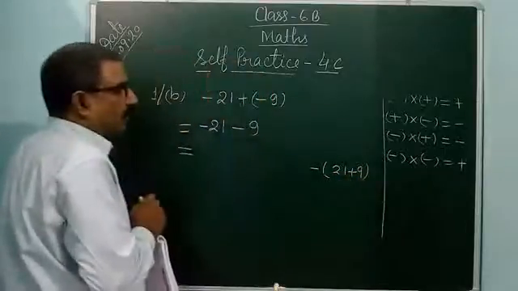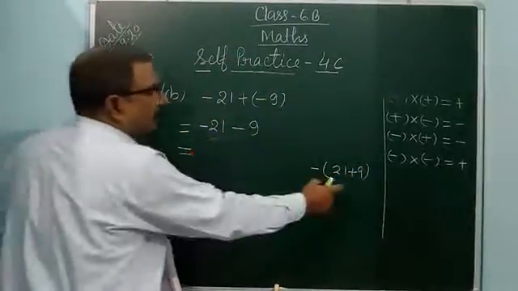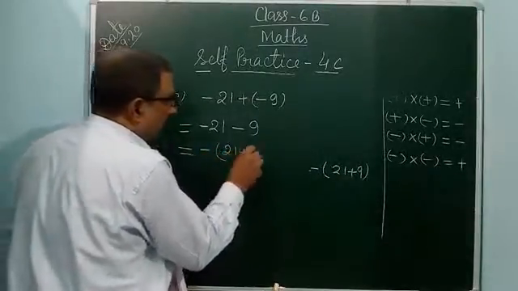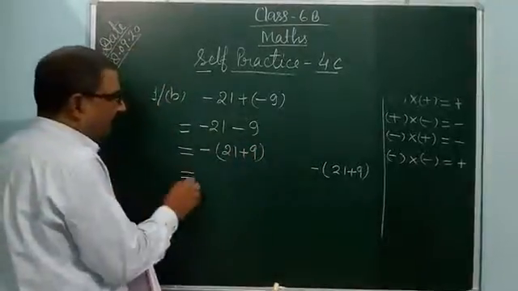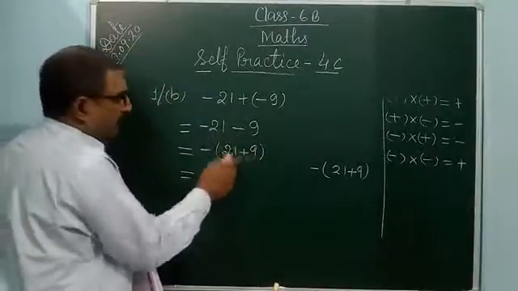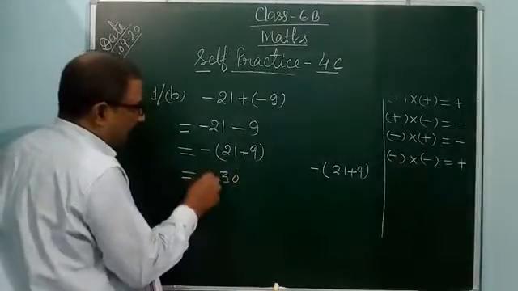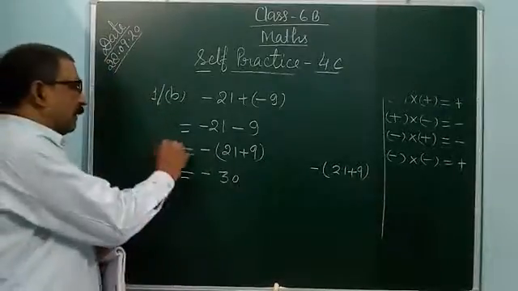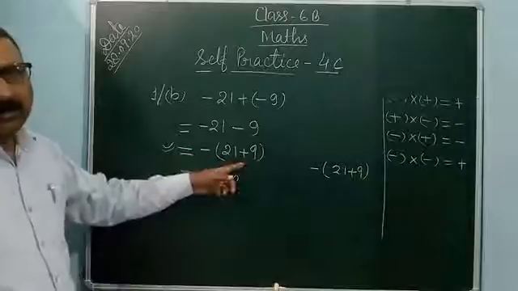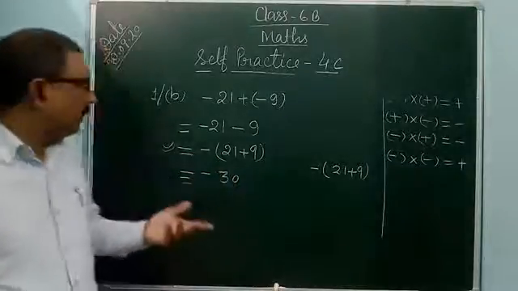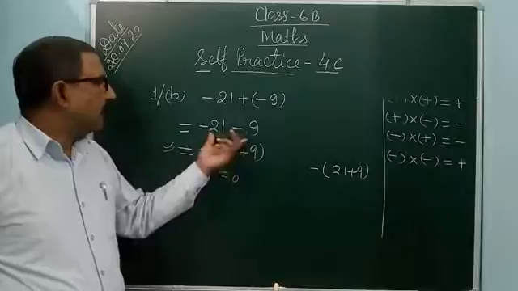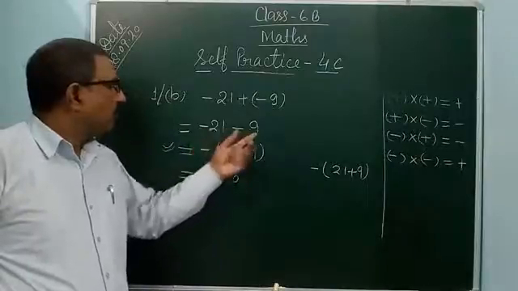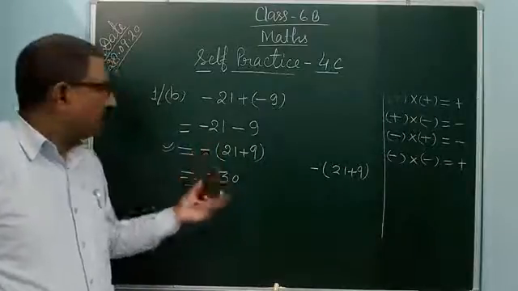You can also write this one like that: minus 21 plus 9. After that, you can add 21 plus 9, 30. Here minus 30. This step you may write or you may not write. But minus 21, minus 9 you can add together, and the result will be minus 30. You can also understand it as taking 21 plus 9 in a bracket with a minus outside. In this way also you can solve.